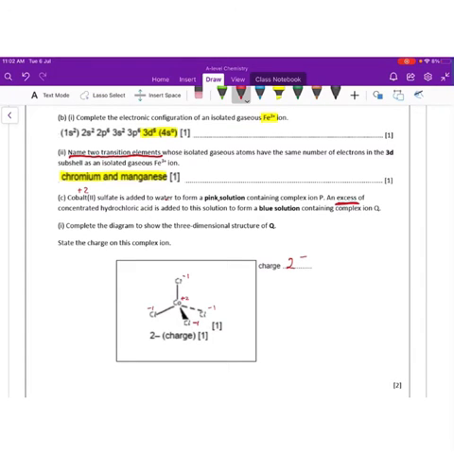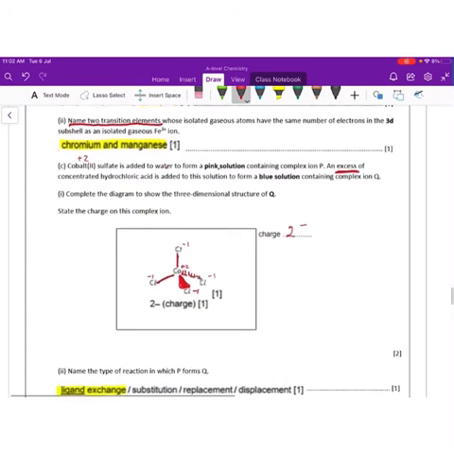That's the maximum. Please remember the 3D structure of a tetrahedral: 1 coming out, 1 going back, and then 2 in the same plane. Cobalt has a charge of plus 2, each chloride is negative 1, so my net charge is 2 negative.